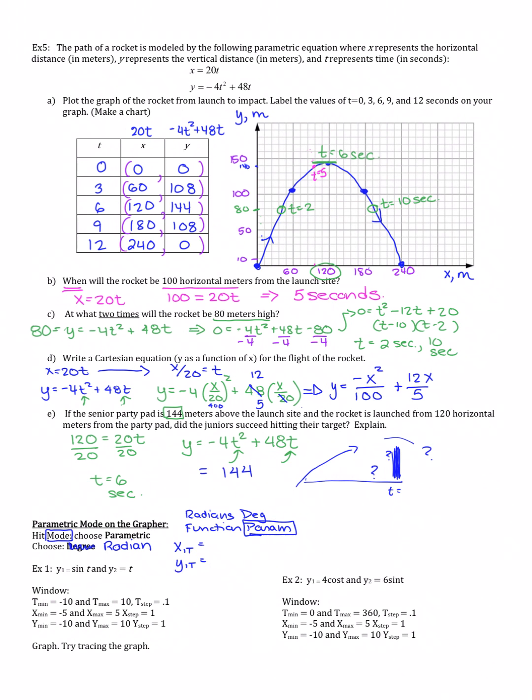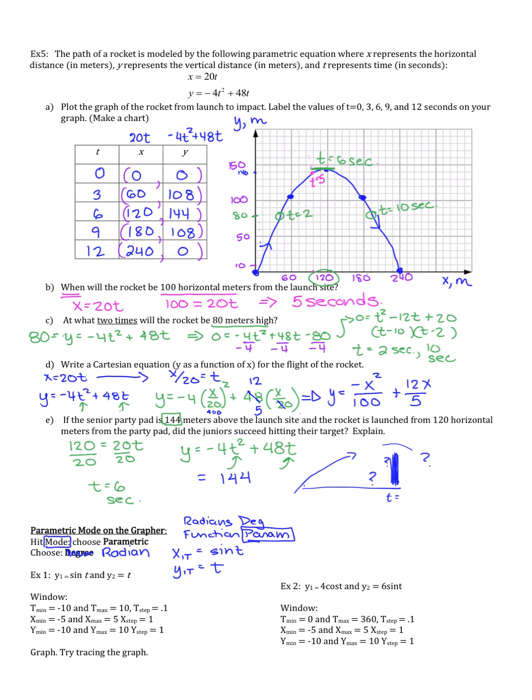So you can enter in your functions, x in terms of t and y in terms of t. So you would have here x1 as sine t, and then y1 would be t. And you could set up this window exactly as it's written here. So notice you have a t step. We're doing time from -10 to 10, and t step of 0.1.